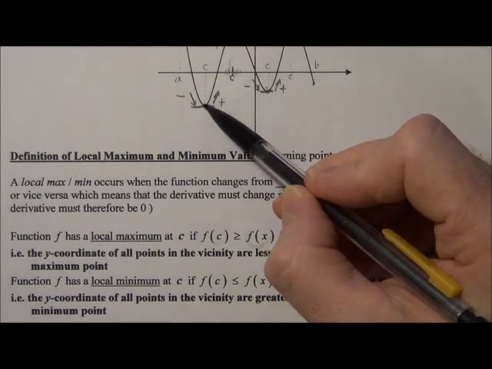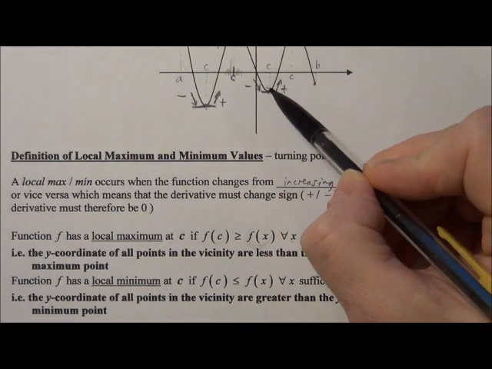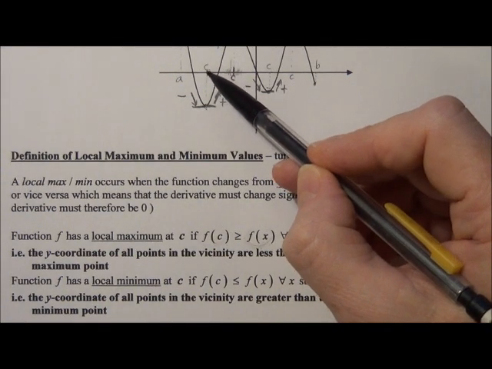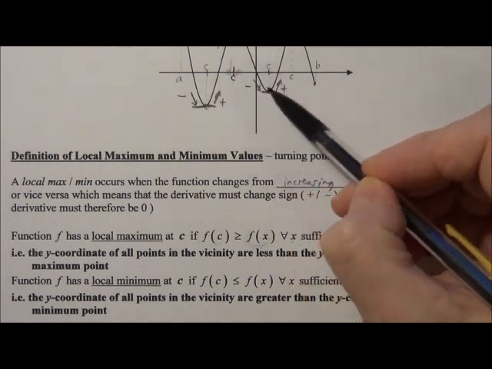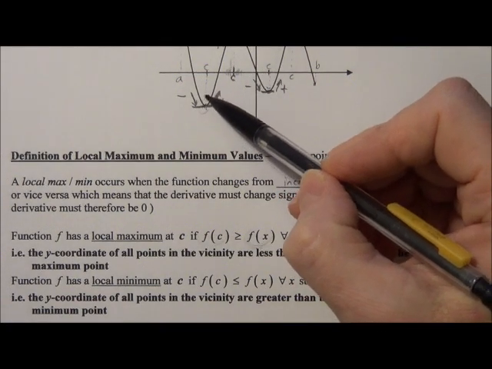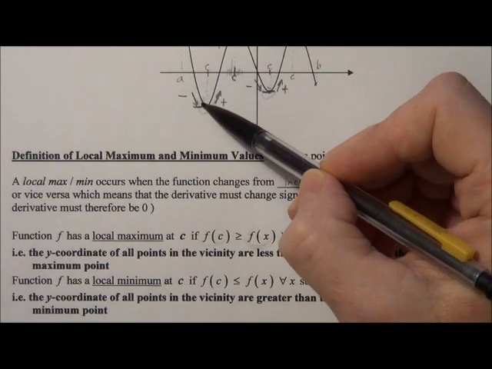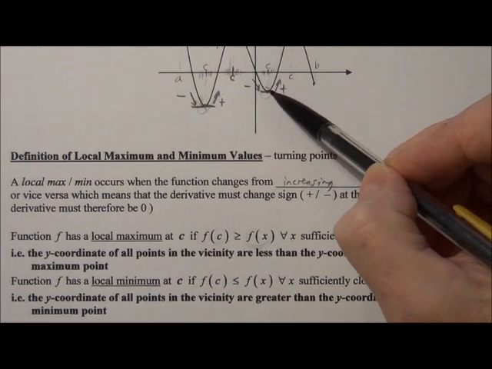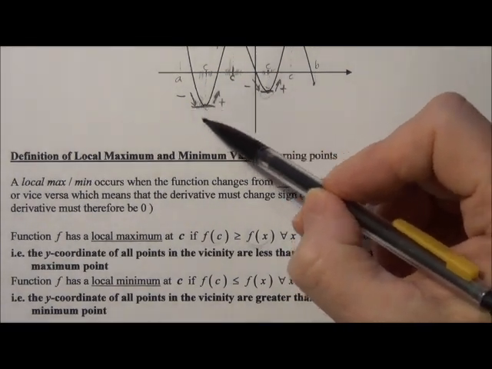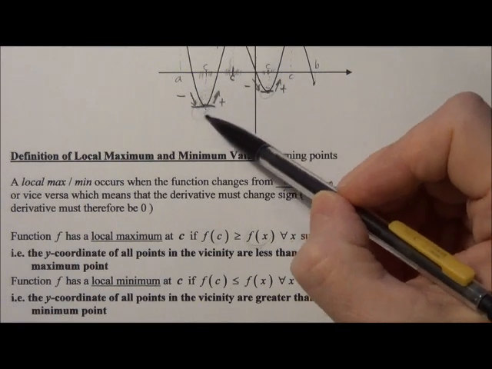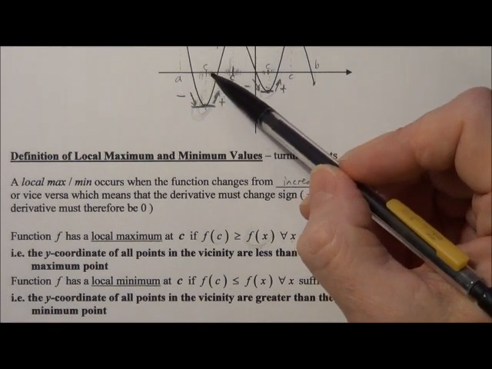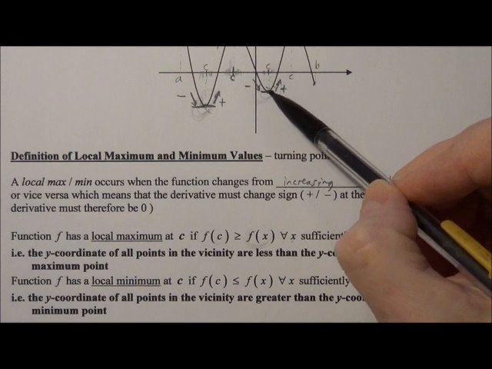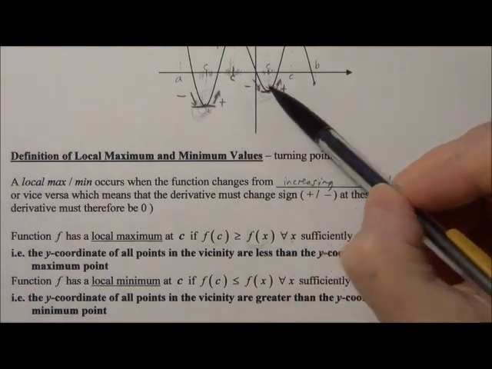So again, this is a local minimum and this is a local minimum when the function f is evaluated at the x value of c, compared to all the y values when evaluated for x values very close to c. So the y value at c is less than all the y values for all the x values in that general vicinity. And the same thing goes for this general area here. So those are both local minima.